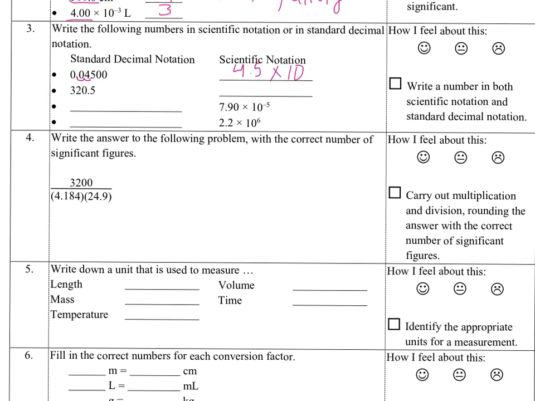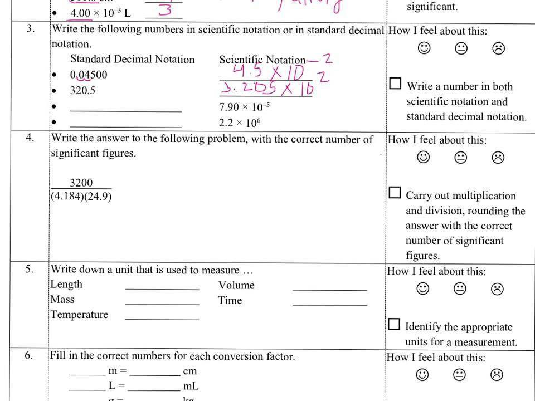So it's 4.5 times 10 to the negative 2. 320.5 needs to be a number between 1 and 10, so that's 3.205 times 10 to the 2.